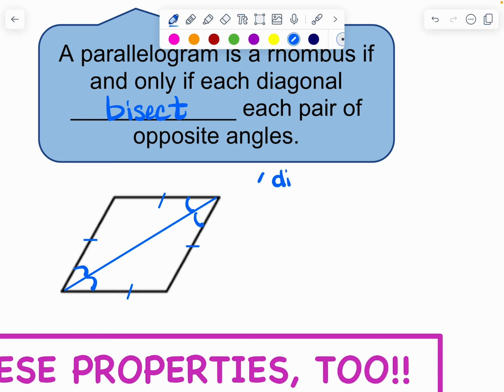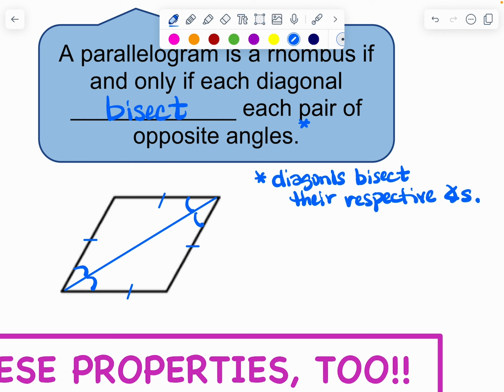Another way you might see this worded, I'm going to write this off to the side here with a little asterisk: diagonals bisect their respective angles.